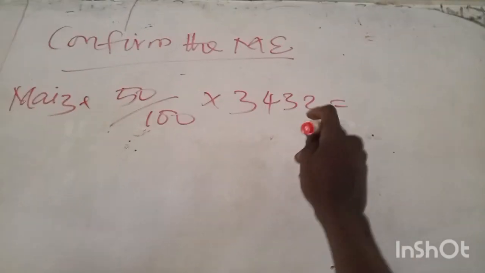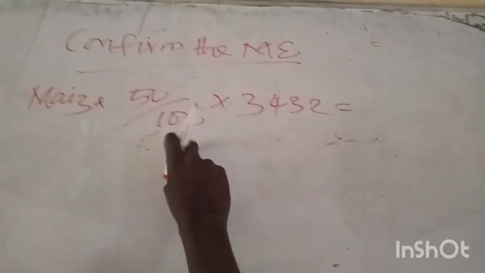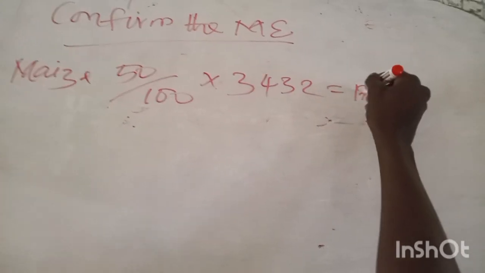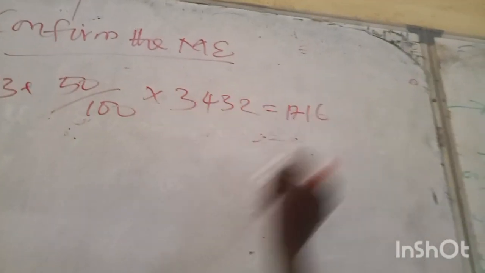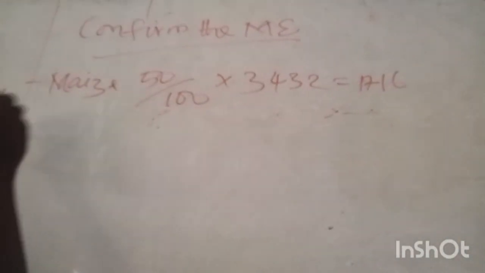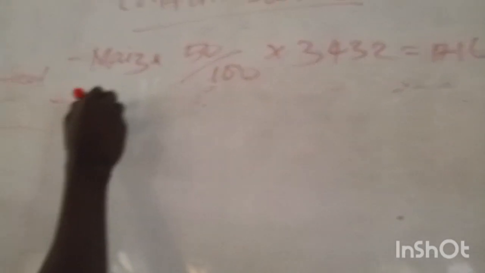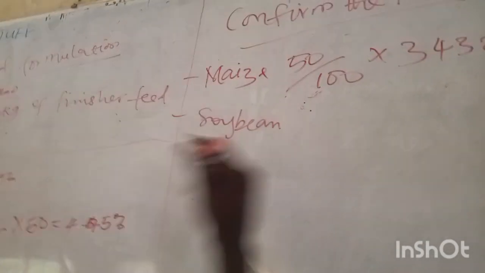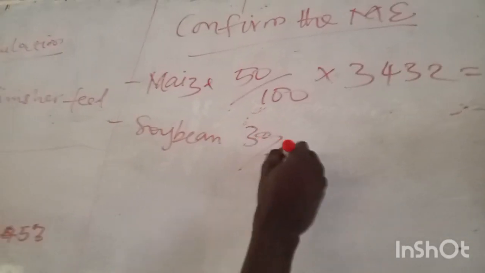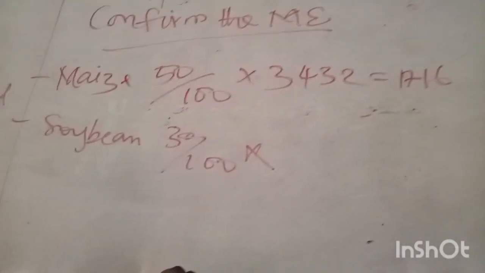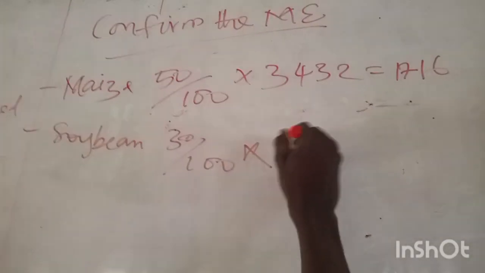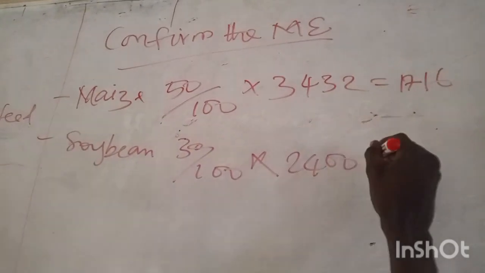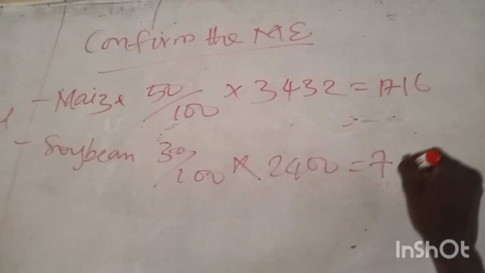If you calculate this, 50 divided by 100 times 3,432 is equal to 1716. Now, we go to what? The soybean. Soybean also is equal to 30 divided by 100 times 2,400, which is the value in that note. If you check it, it's going to be 720.